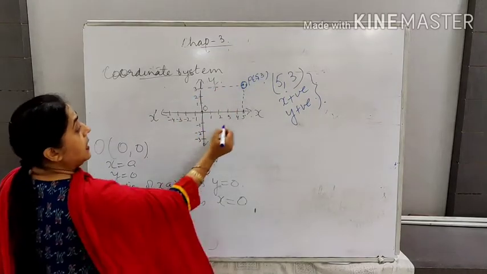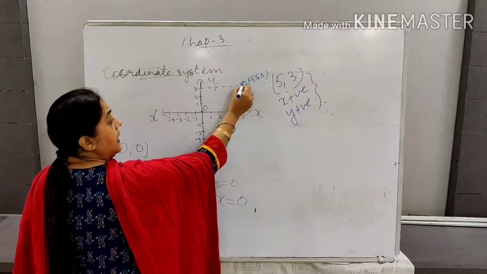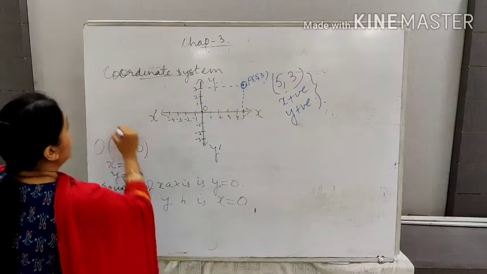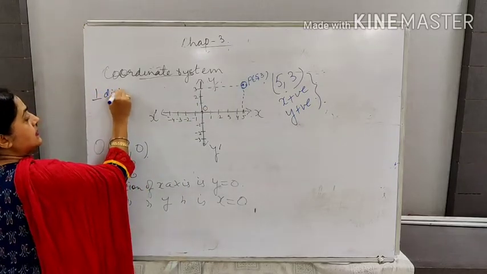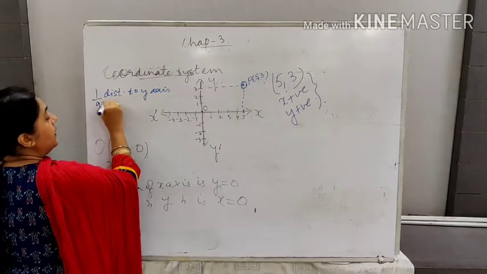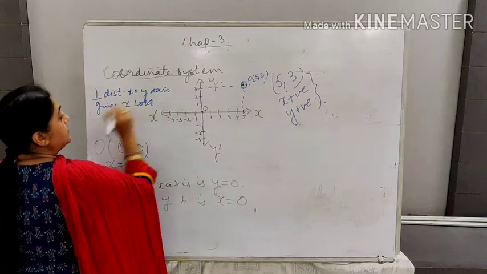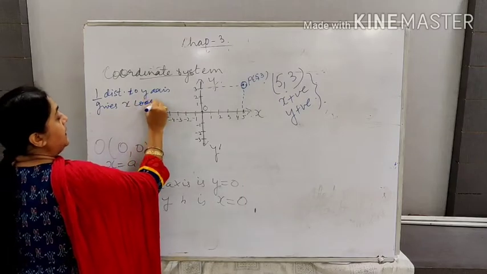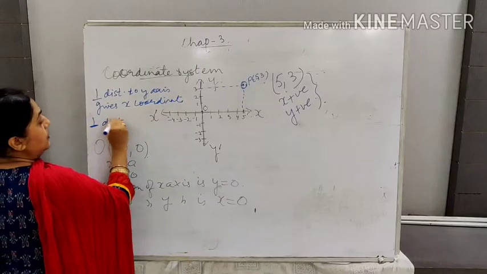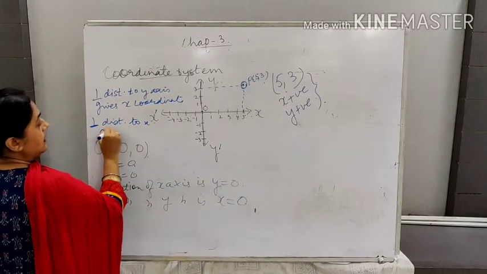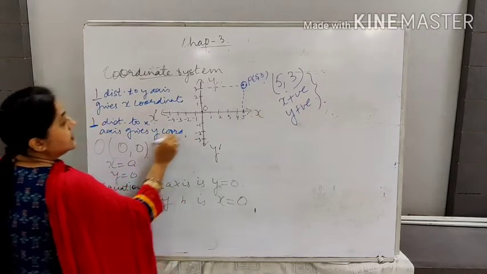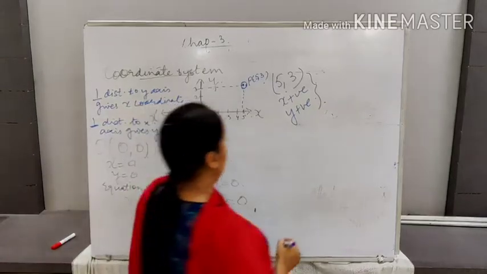Got it? I repeat, the perpendicular distance of the point to y axis gives x coordinate, and perpendicular distance to x axis gives y coordinate, right? So 5, 3 I can locate.